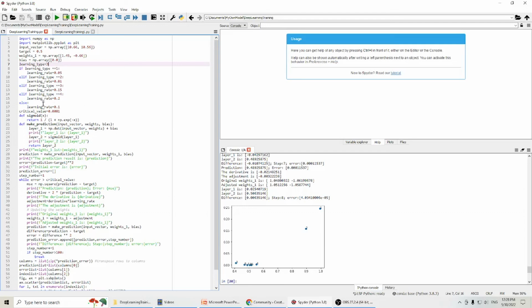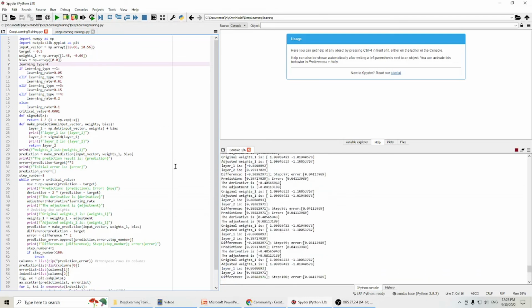How about we change the learning rate to 0.2? You can see here 1 is here, and although this is hard to read, you can see 3 is here, 4 is here, 5 is here.